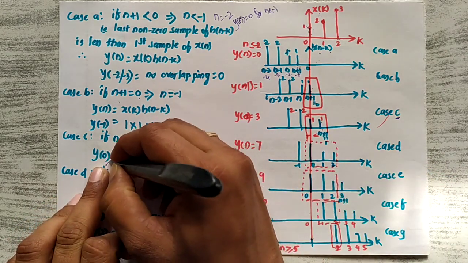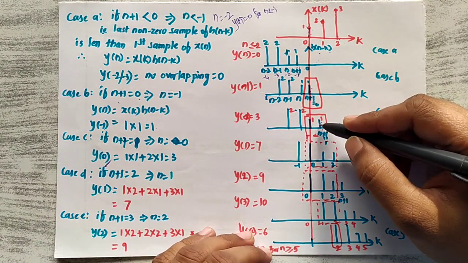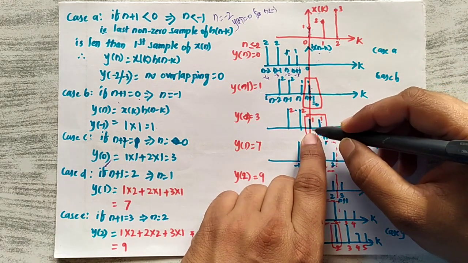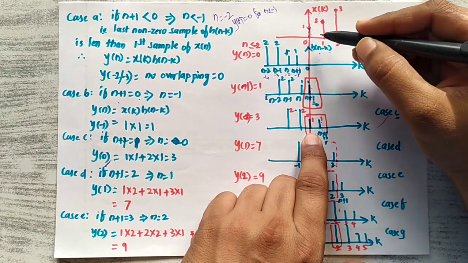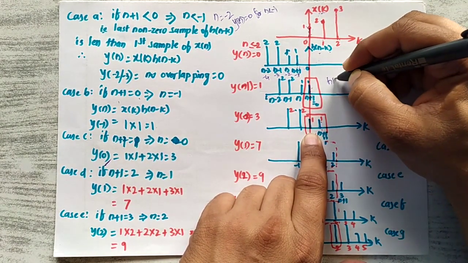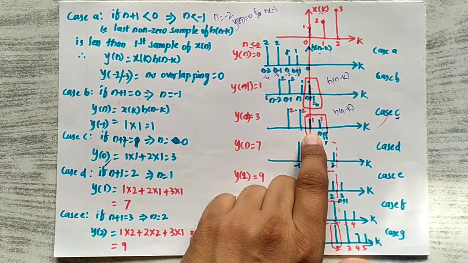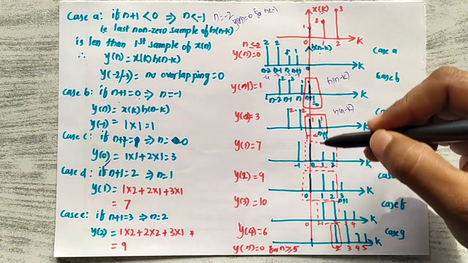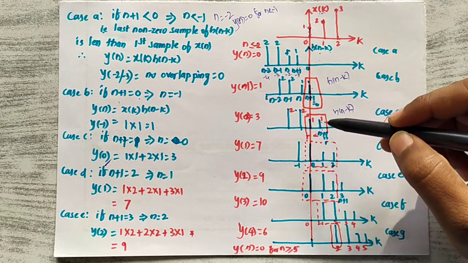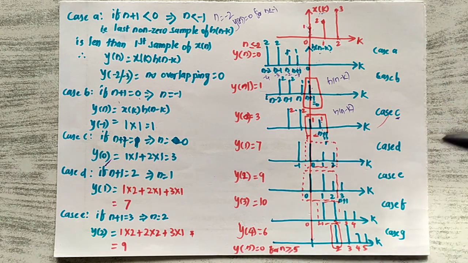So what I am calculating is the value at y equal to 0, right? तो उसके हिसाब से क्या होगा, 2 overlapping sequences are there, because it also exists at 0 and 1, that is x of k and h of n minus k. So all these signals are h of n minus k only. One shift is done on the right side. Okay. So 2 overlapping sequences are there. For this, whatever elements are common, their amplitudes have to be multiplied element by element and added.